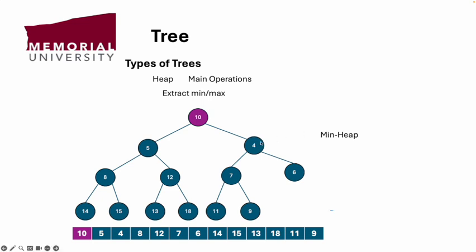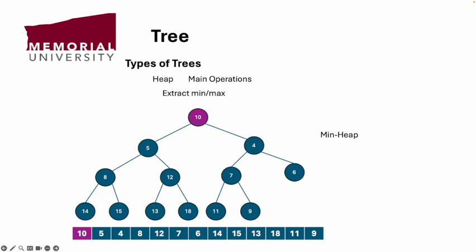So now, what do we need to do? This tree is not a minimum heap anymore, so we need to shift down. The 10 is now on the first element, definitely not the minimum number. How does that work?